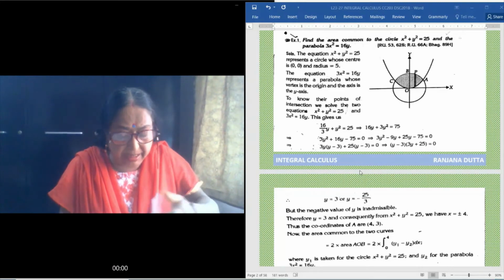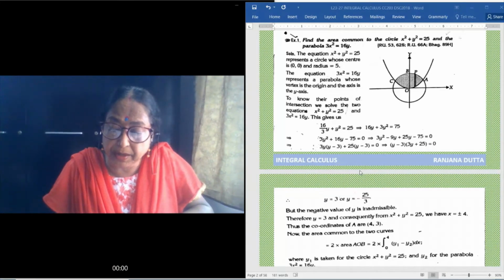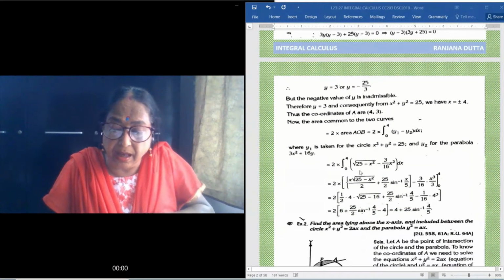So we can see the point of intersection.